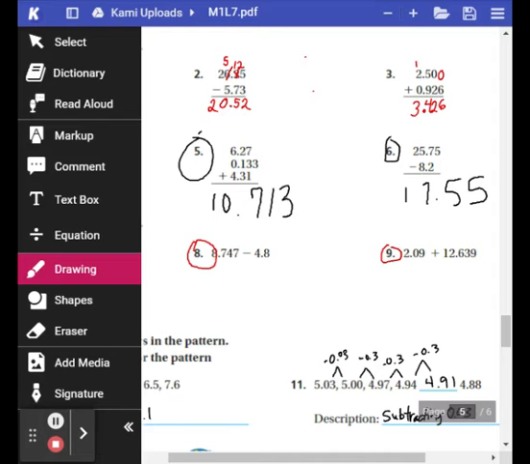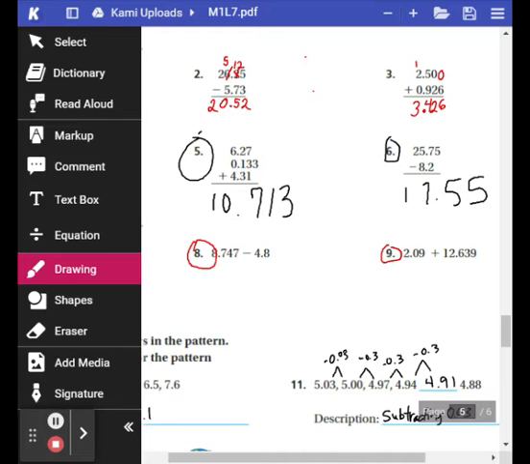7 minus 0 equals 7. 4 minus 0 equals 4. I cannot take 8 from 7, so I need to regroup this. Out of my ones place, I'm going to take 1, so that becomes a 7, and I'm moving it over to my tenths. So now I have 17 minus 8, and that gives me 9.